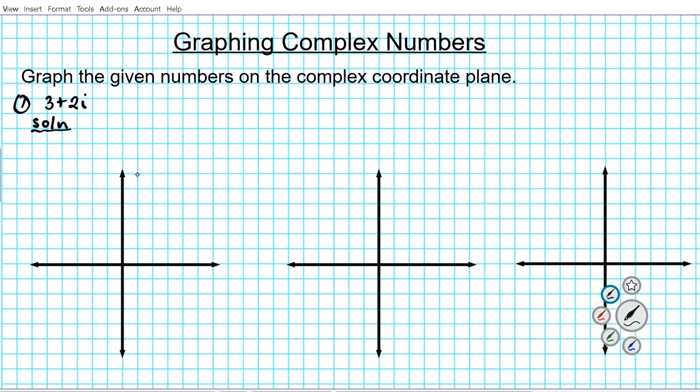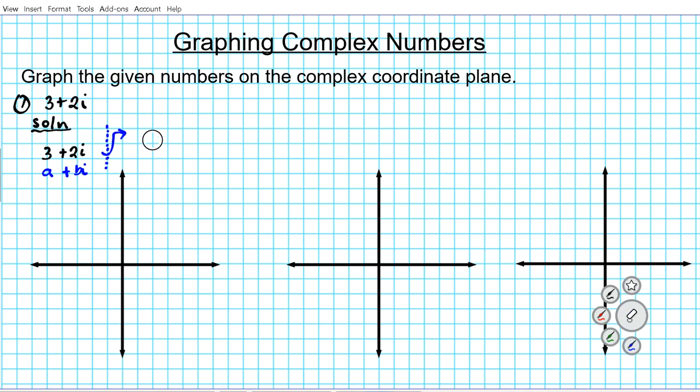Okay, so if we have 3 plus 2i, we just have to remember that complex numbers in rectangular form are given by a plus bi. The a component is the real part and the b component is the imaginary part. So if we want to write this as a point, 3 plus 2i on the coordinate system is given by 3 comma 2.